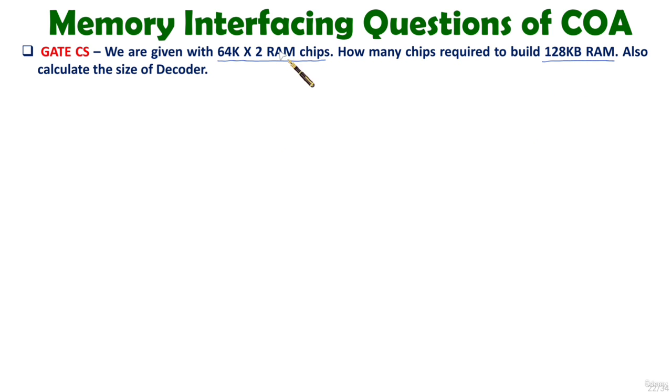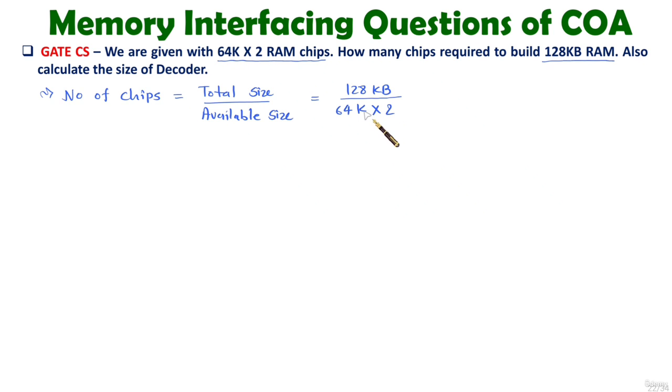Total size divided by available size. So total size is 128 KB and available size is 64K cross 2. Now we need to calculate this. 128 means 2 to the power 7, K means 2 to the power 10, B means 8 bits, so 2 to the power 3, divided by 64 means 2 to the power 6, K means 2 to the power 10, and cross 2 is 2 to the power 1.